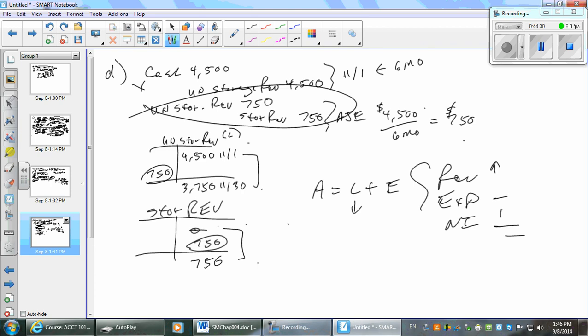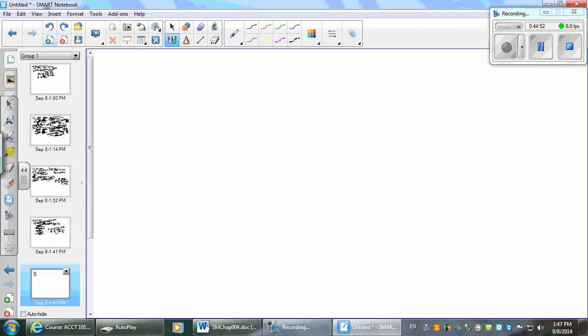That would cause net income to be more, which would cause equity to be more. If you fail to do this: no effect, no effect, understated, overstated, which is what causes that overstatement over there. Nothing to this. Okay?